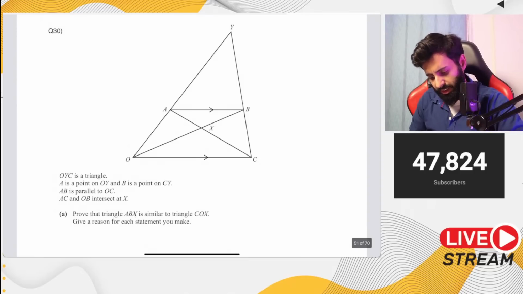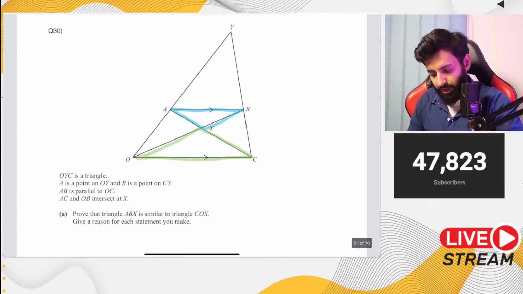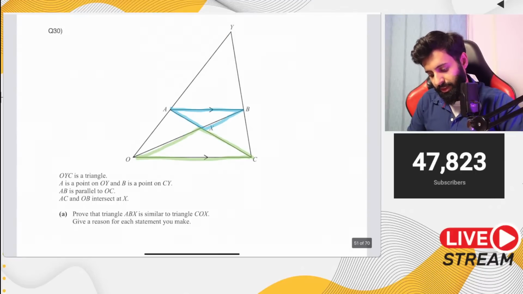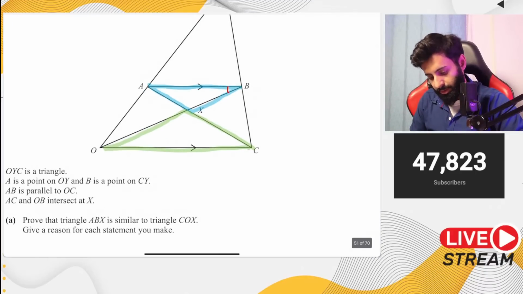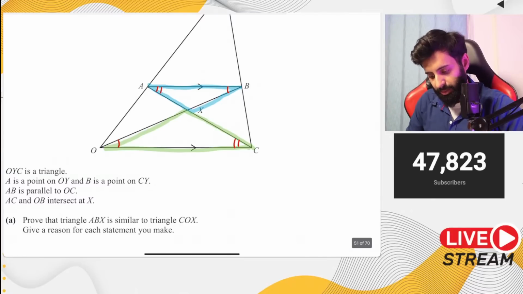So let's quickly do this. Although we have done it, let's just quickly do it again. ABX is similar to triangle COX. What are we going to use in order to prove that they're similar? We're going to use the help of alternating angles, because we have a pair of parallel lines.